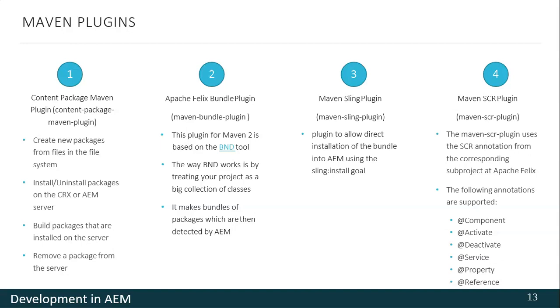Apache Felix bundle plugin is necessary to make bundles of packages that are then detected by AEM, and to provide the possibility to generate a manifest file for a bundle from Maven properties. Maven Sling plugin allows you to install a bundle into AEM using a specific goal.